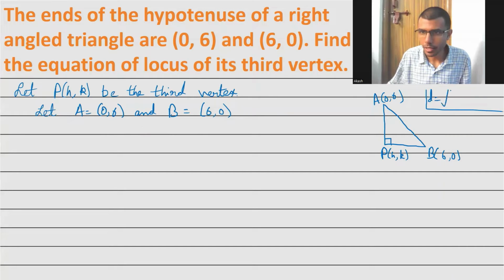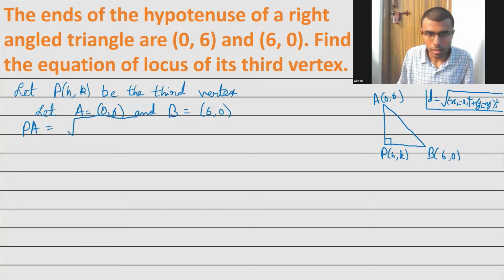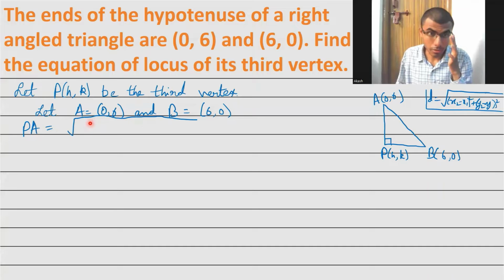Distance between any two points is nothing but under root (x2 minus x1) whole square plus (y2 minus y1) whole square. First I need to find PA. For PA, I'm going to take (h, k) as (x2, y2) and A as (x1, y1).